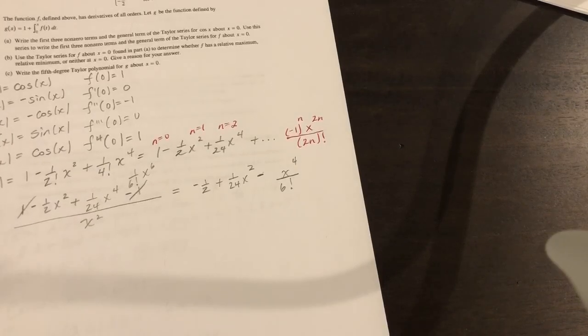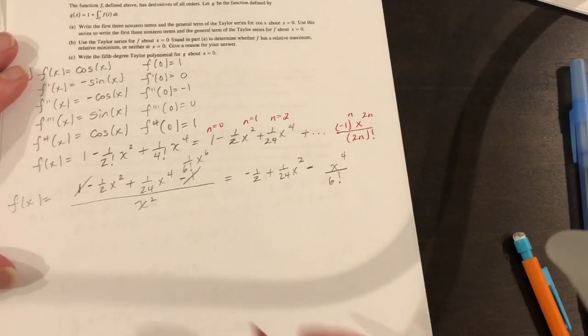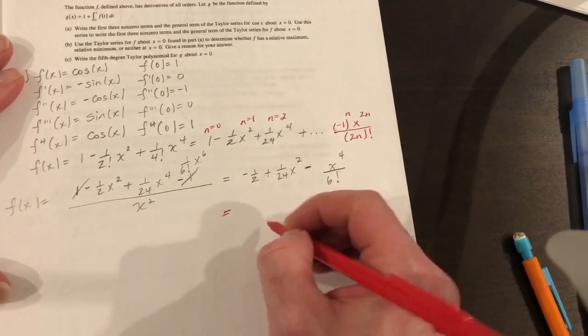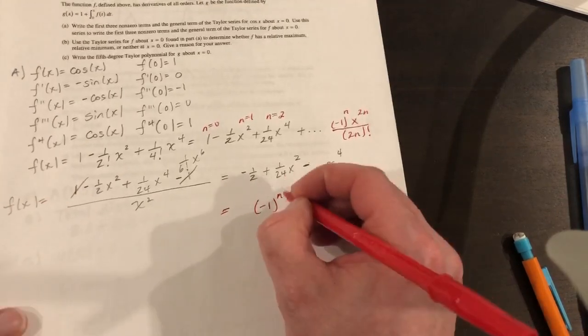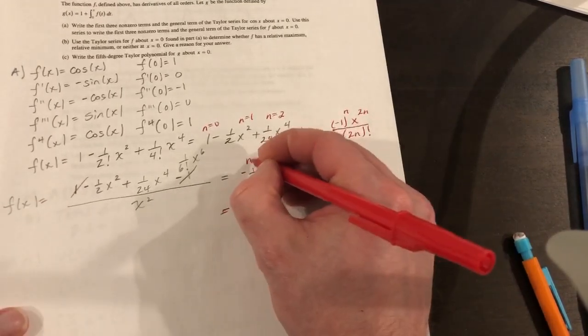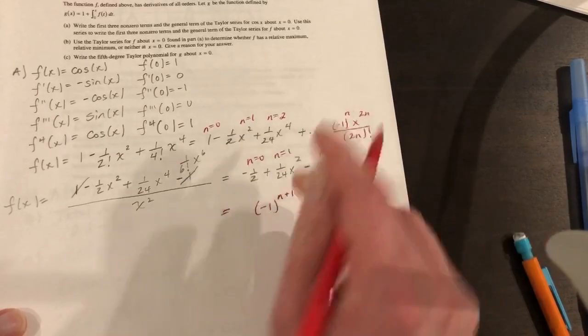And so when we go to write our general term, the pattern we're following is negative 1 to the n minus 1, or n plus 1, it doesn't matter which one. This is n equal to 0, n equal to 1, and n equal to 2.